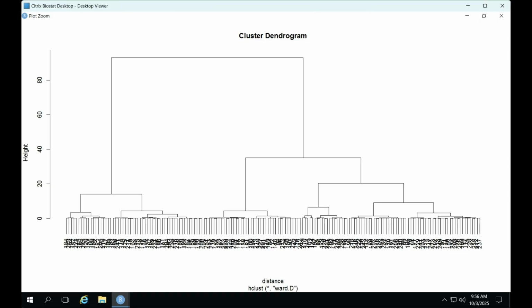Obviously, there's too many people to do that well. However, the real value here is looking at how it looks as we go up the chart. So as we go up, everyone's their own unique individual person, a cluster of one. We're going to start grouping people together based on people who are pretty similar together. And we're going to keep grouping individuals, then grouping clusters together until we get all the way up to the top here, where it's like we're all one big happy family.